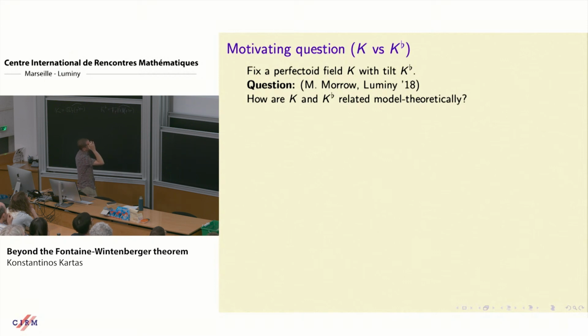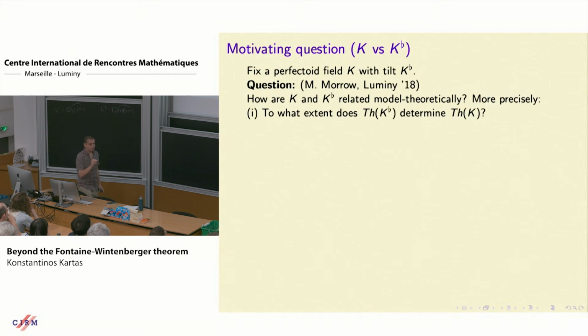What Matthew Morrow was basically trying to do, I think, was to prompt model theorists to look at this tilting correspondence and try to understand it. So this is more or less what he suggested in the talk. I want to be slightly more precise, but again, I'm going to be intentionally vague.